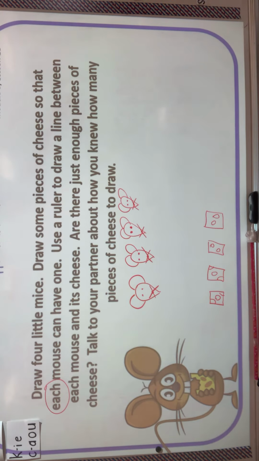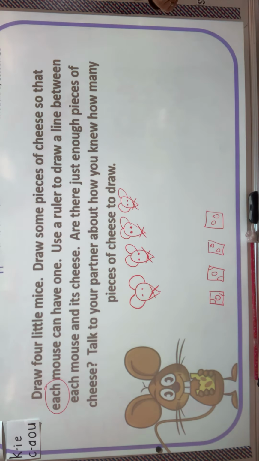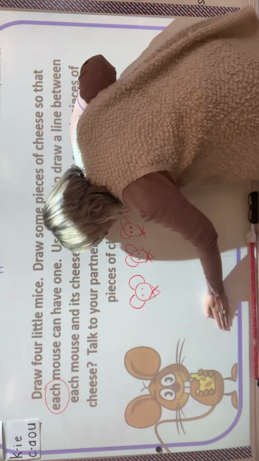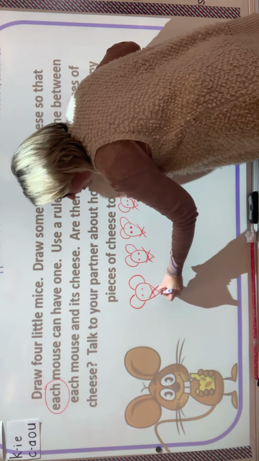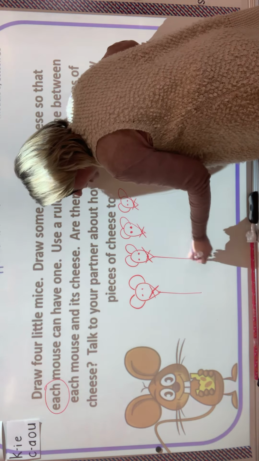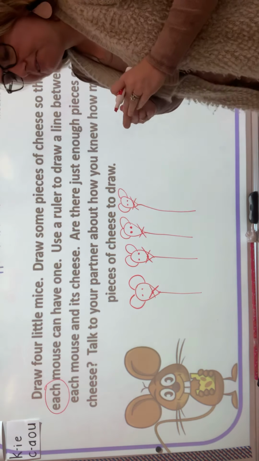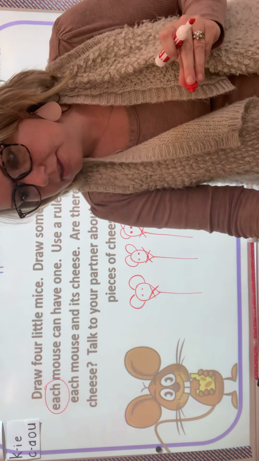Draw a line between each mouse and their cheese. So, you know what I think I should have done first? Instead of drawing all the pieces of cheese, what if I did this? I drew a line from each mouse, and at the bottom of that line, I draw my cheese.